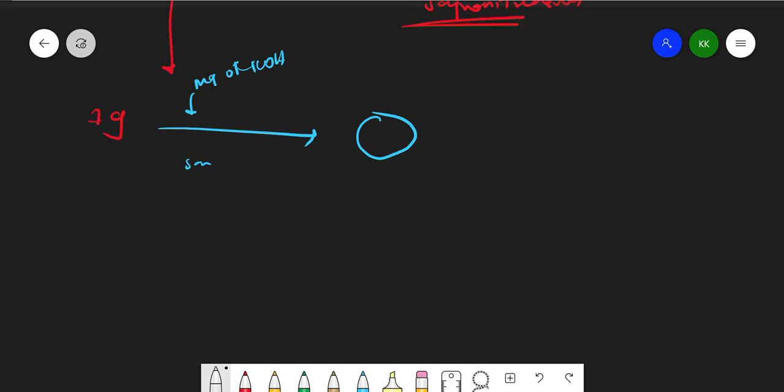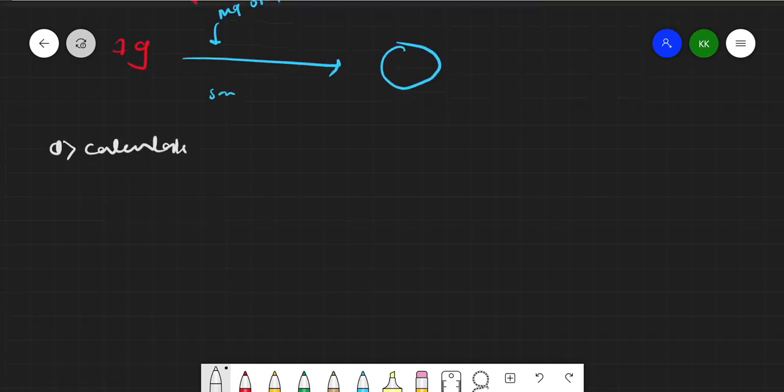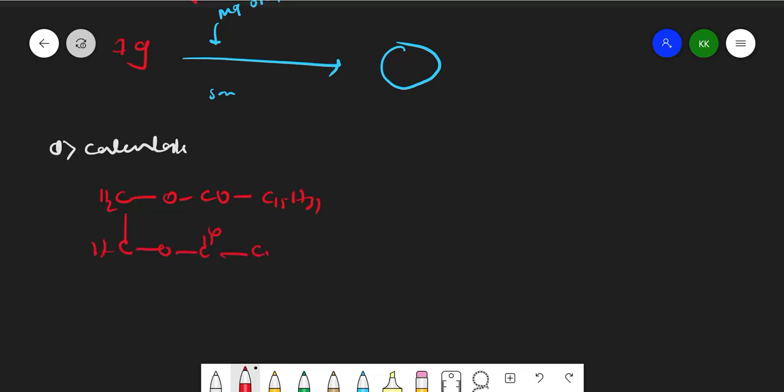The question is: calculate the saponification value of the following ester, CH2OCOC15H31, CHOCOC15H31, CH2OCOC15H31, right?